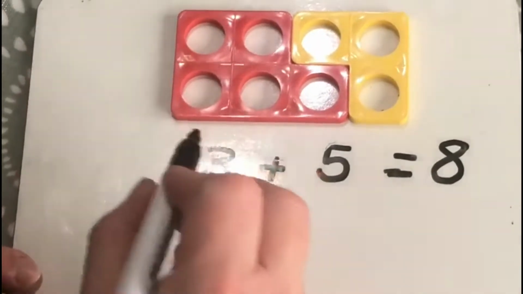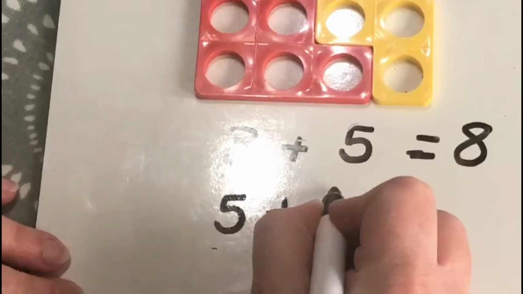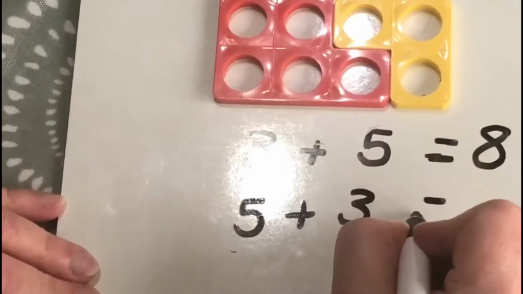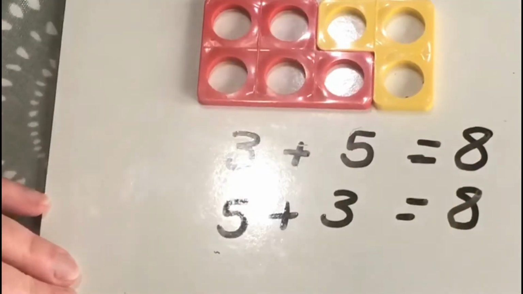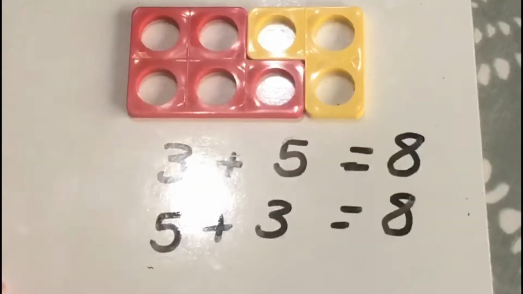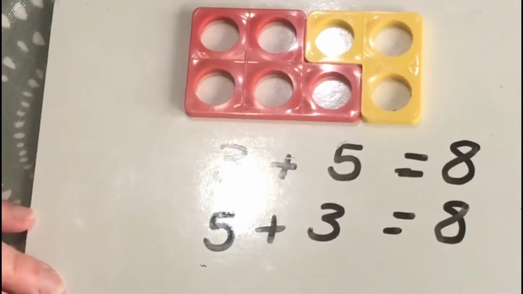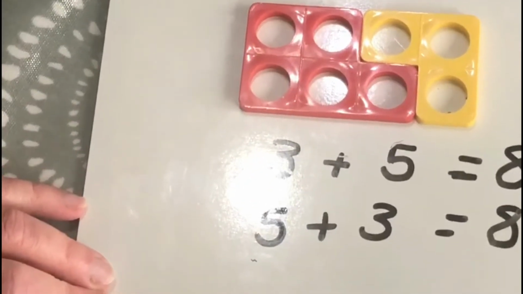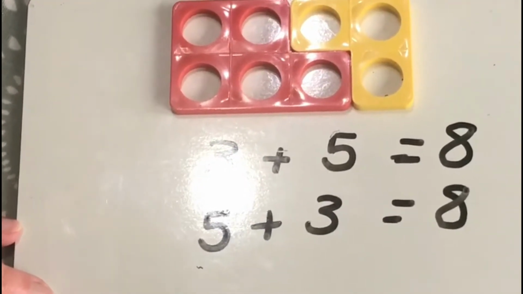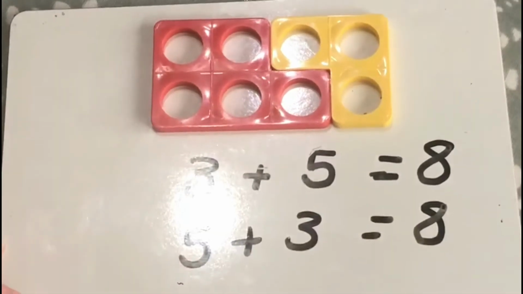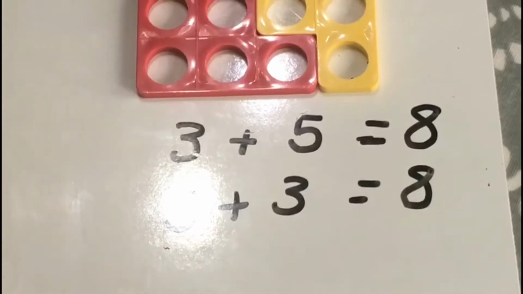So our number bond can also be 5 add 3 makes 8. Okay, so each number 8 has two number bonds, 3 add 5 or 5 add 3, and they both make 8. I wonder if you could find a few more number bonds that you can switch the two parts around for. Maybe you can do that later on.